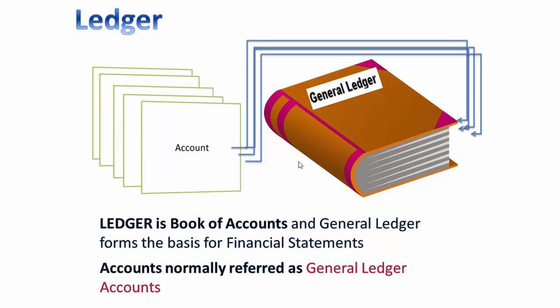In some other video I will explain about the general ledger and sub ledgers, but here for conceptual understanding, the general ledger is the book which contains all the accounts which are used for recording the financial transactions.